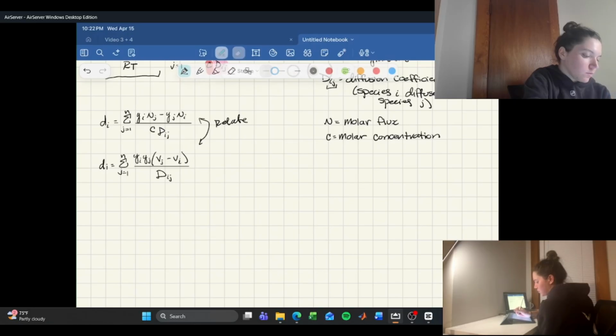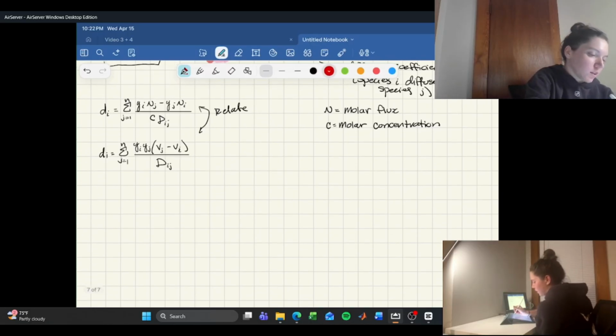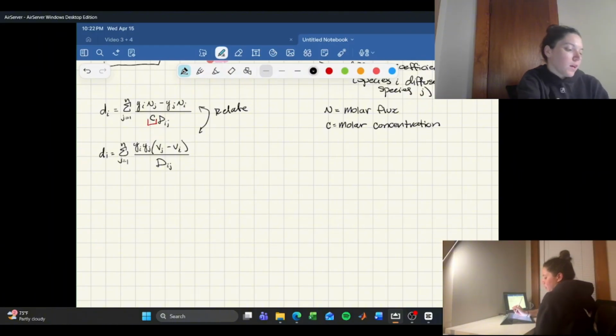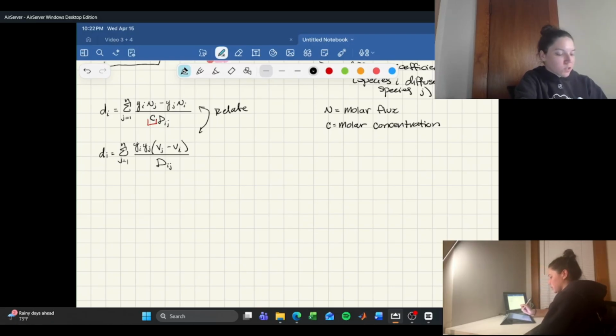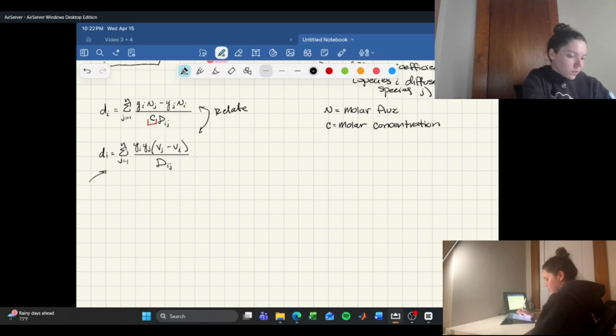So now if we're trying to find a way to relate these two equations together, we want to find what's different between them, and we can see that the obvious one is the concentration being in the first equation and not in the second. So let's multiply concentration by the numerator and denominator, that way it's in this equation here.